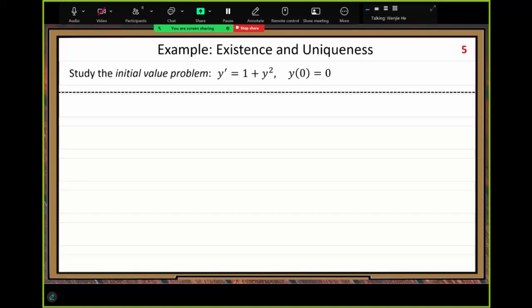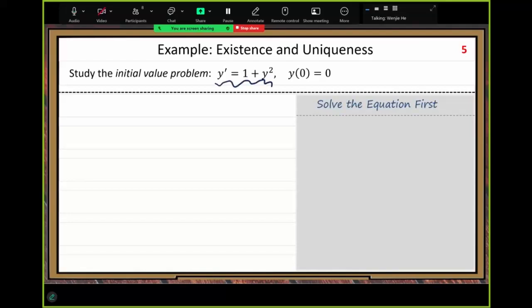First, if you look at the equation, it's so simple that we can solve it.